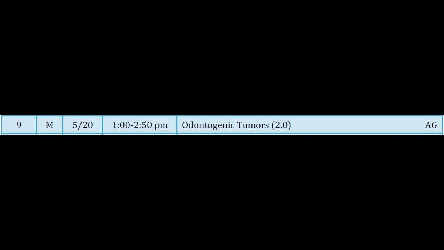A for ameloblastoma, which is the conventional type of ameloblastoma. C for central giant cell granuloma, and Dr. Richards will talk about it in her lecture on bone tumors. H for hemangioma. So sometimes you can have hemangioma arise within a jawbone. Okay, and O for odontogenic keratocyst, and that's the one we talked about last on Friday. It's a type of cyst that's, even though it's benign, it's aggressive.